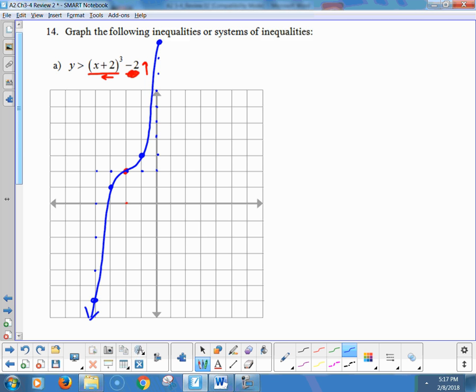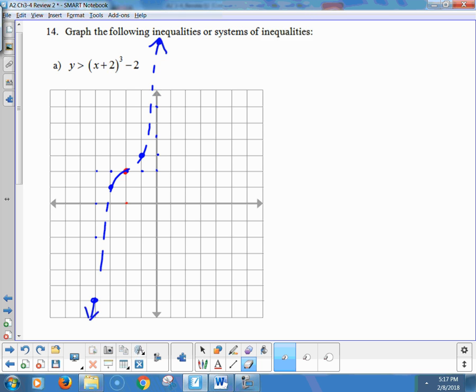I've already screwed up because I see that this is an inequality and not an or equal to, so it's a strict inequality, which means I would represent that with some dashed lines. So there, we'll make it look a little more dashy.